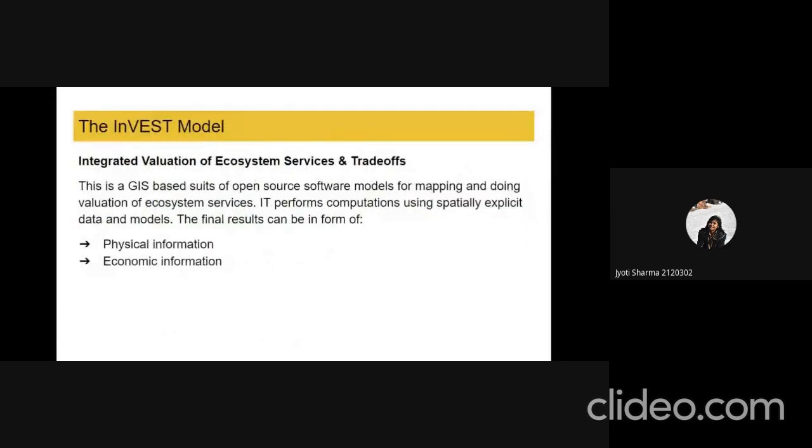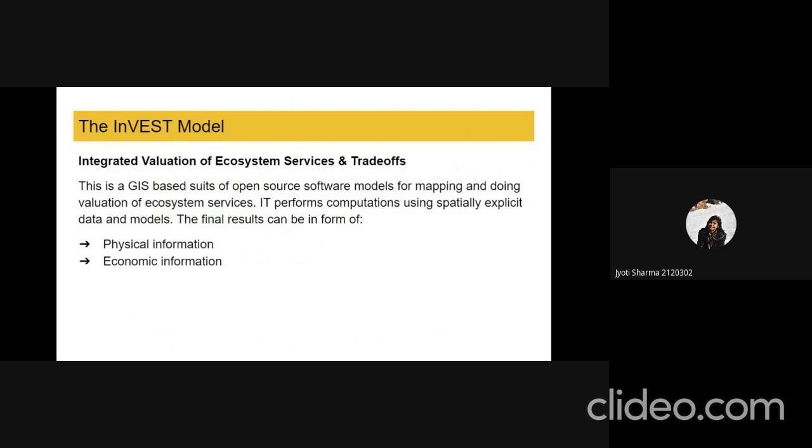So we have the InVEST model, in which we can do the valuation of ecosystem services and the trade-offs. This is a kind of software we have in ArcGIS, a GIS-based model, in which we do the valuation of ecosystem services. We give some physical information, and it provides the economic information.